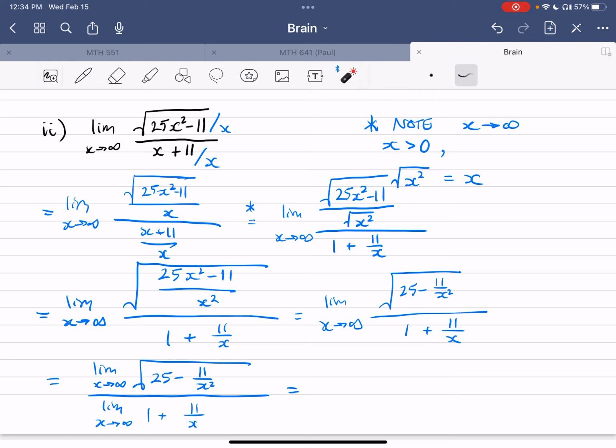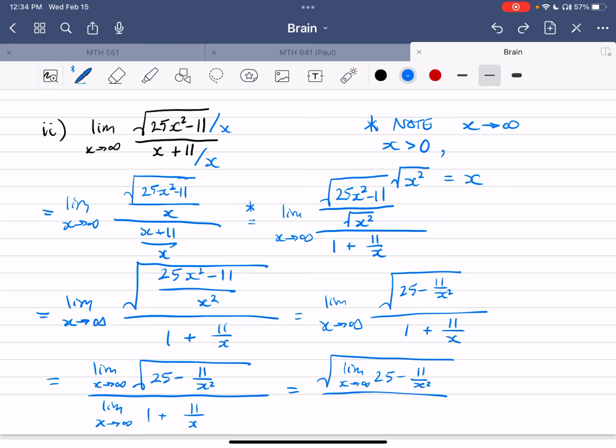Another limit law we had is that we can push these limits through roots. So this is the root of the limit as x goes to infinity of 25 minus 11 over x squared, over the limit on the denominator. Let's first push this limit through to both terms.